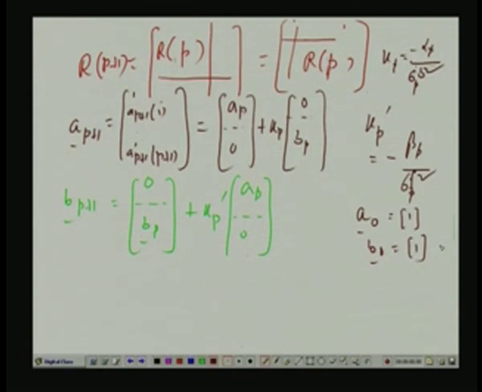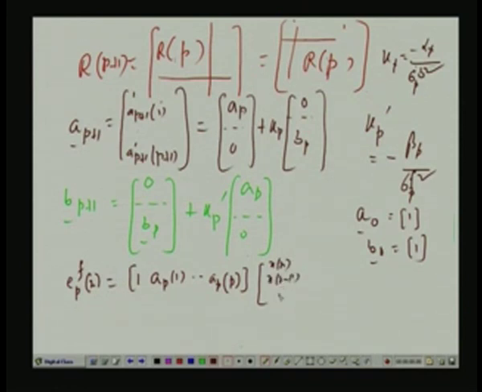One thing you note, and that is important, is what was e_p f_n? That was 1 times, okay. Now, that means this is A_p transpose, A_p vector transpose.